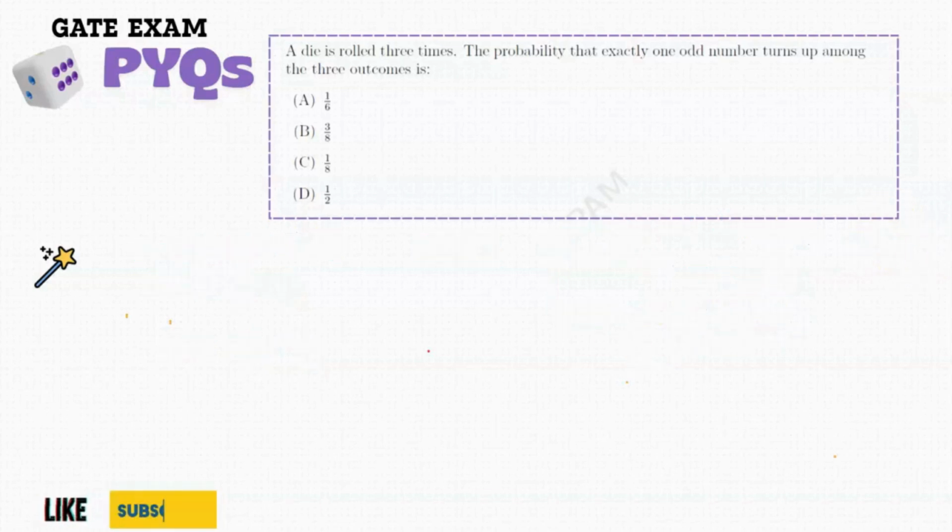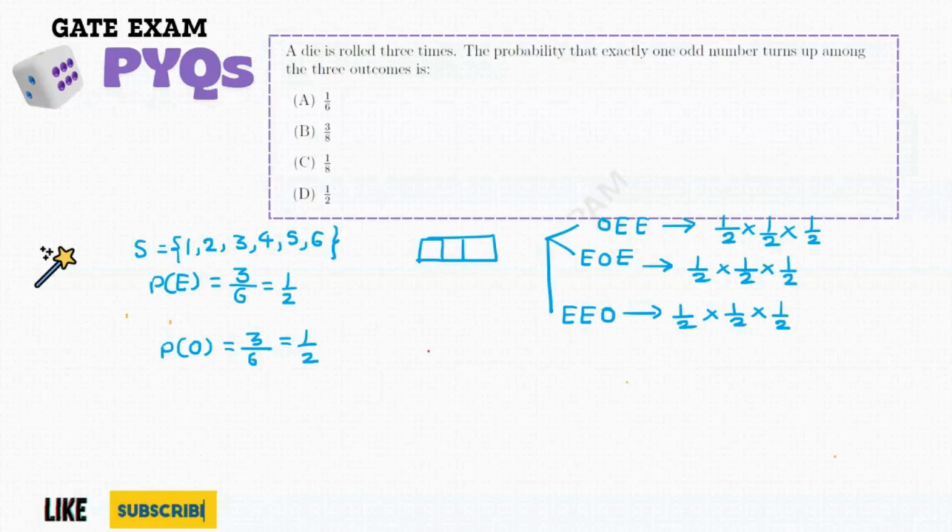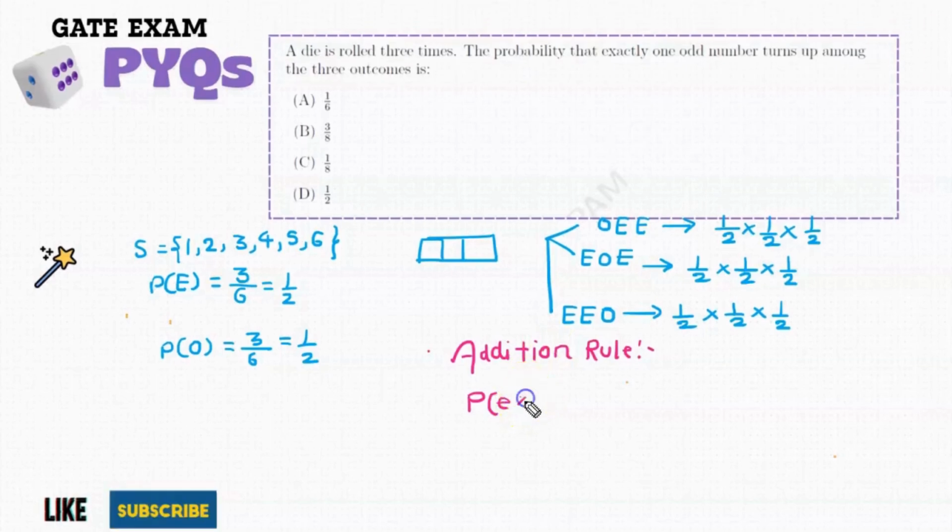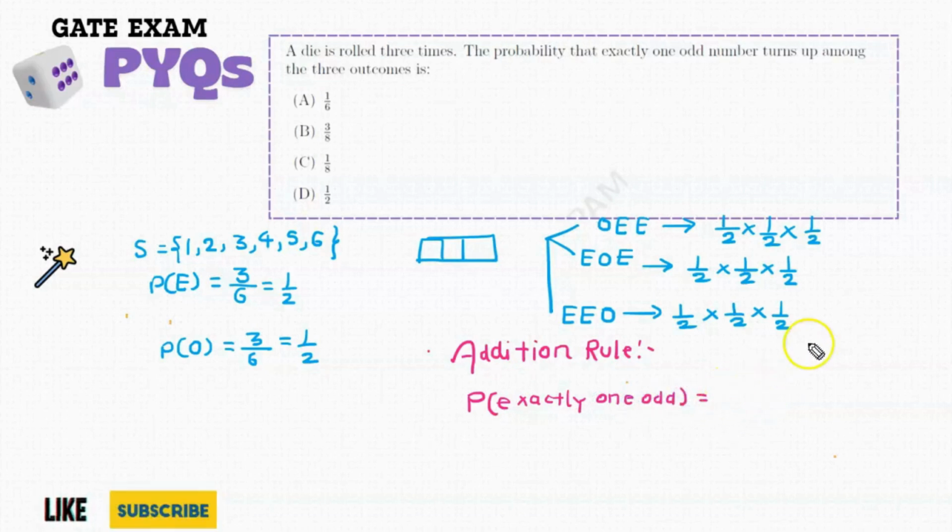Correct? And again which rule will we apply here? We have to apply the addition rule, because either of the cases can happen. So the probability that we have exactly one odd number is going to be either of the 3 cases, right?